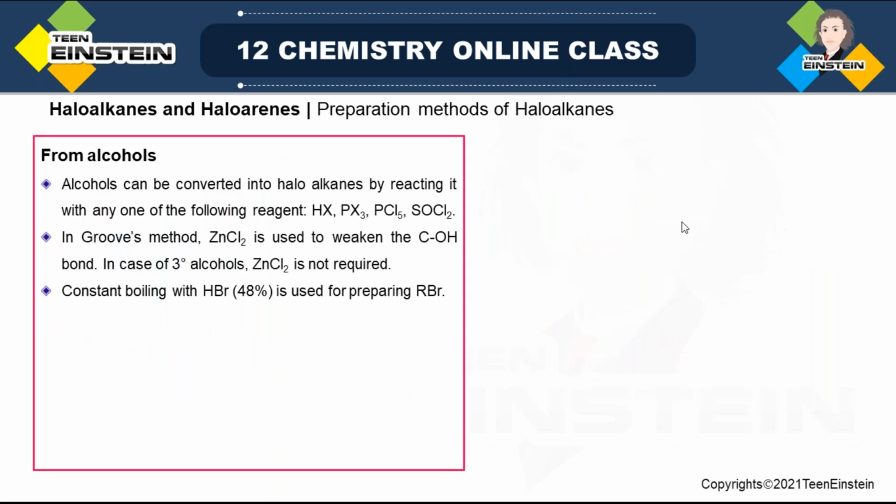So after finishing physical properties and related problems, our next topic will be preparation methods of haloalkanes. So see here, the heading is preparation method of haloalkanes, because the methods that you will use for the preparation of haloalkanes are not necessarily the same for haloarene. So it will be different.